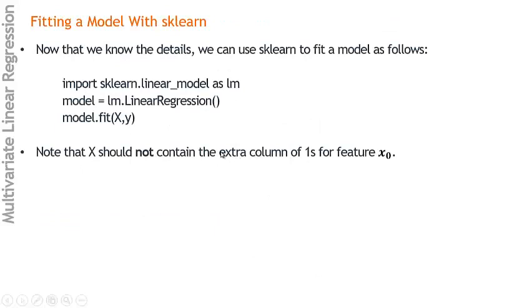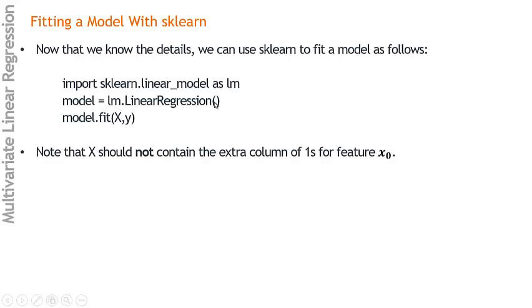Now, when you do linear regression in practice, you actually don't deal with any of these equations because it's done for you in Python. Now, this is one implementation of linear regression in scikit-learn. There are others as well. And you do need to be careful that you set up your model correctly. Some implementations ask you to add the column of ones and some don't.